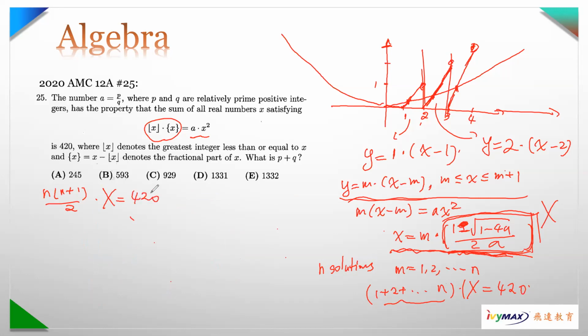And to figure out the n, is there any other restriction we can get? So think about the last possible intersection, between x equal to 28 and 29, so in that range. So that will be the last one.